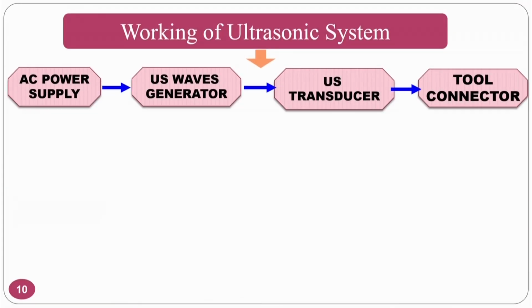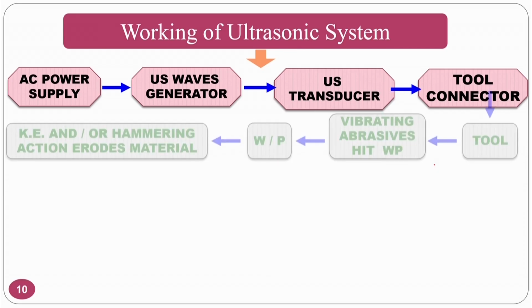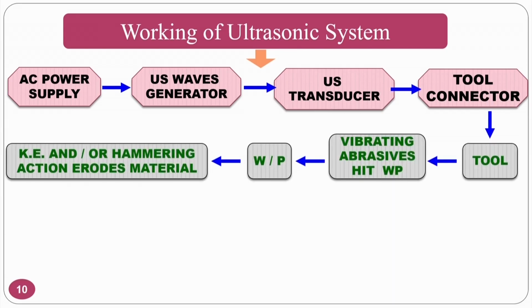Working of the ultrasonic system. So, how does it work? You supply the AC power to the ultrasonic wave generator, then it converts into ultrasonic waves. The ultrasonic wave generator possesses the ultrasonic transducer, which is connected to the tool, and this transducer produces ultrasonic vibrations, and these vibrations are given to the tool.